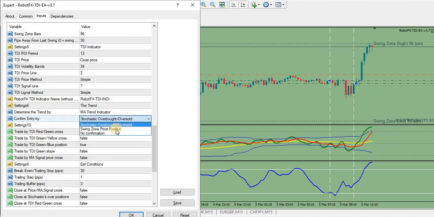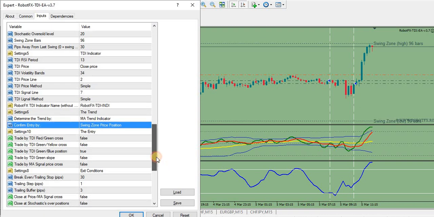There's another confirmation. This is the swing zone price position that I've tried to explain earlier.